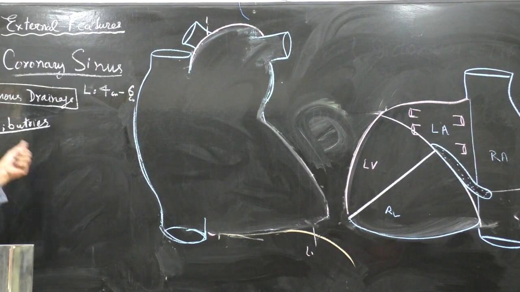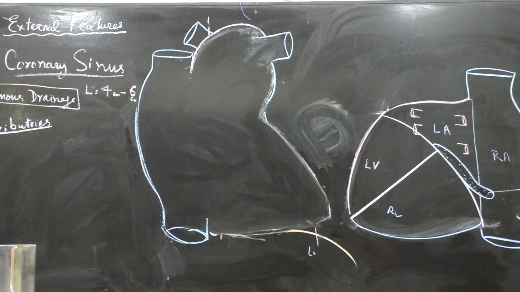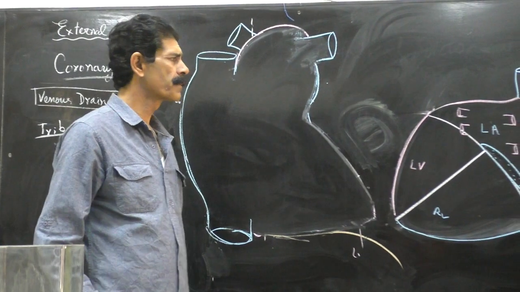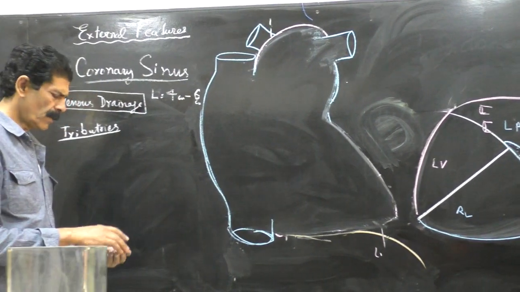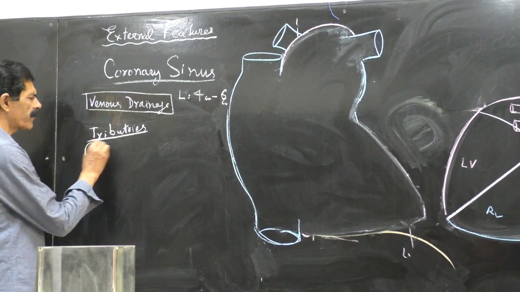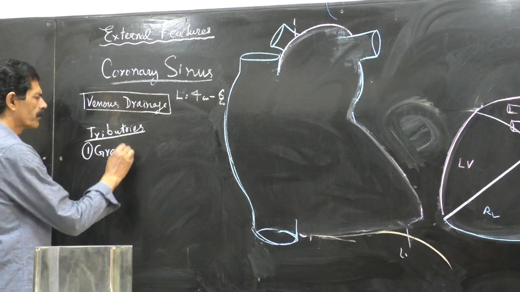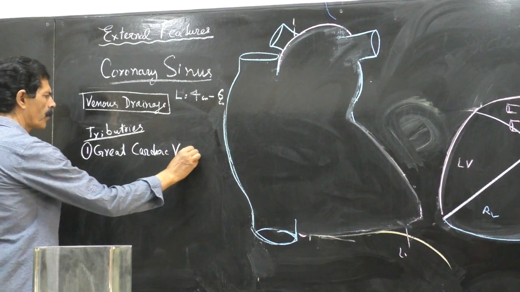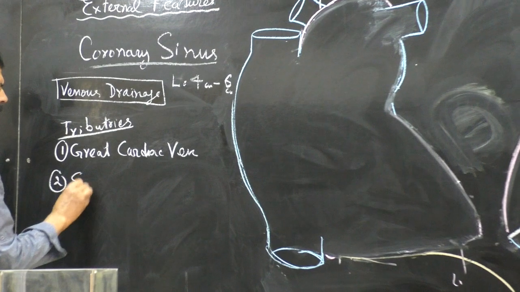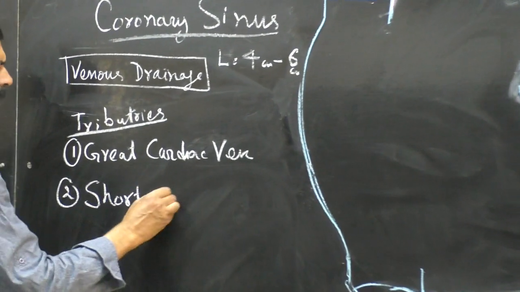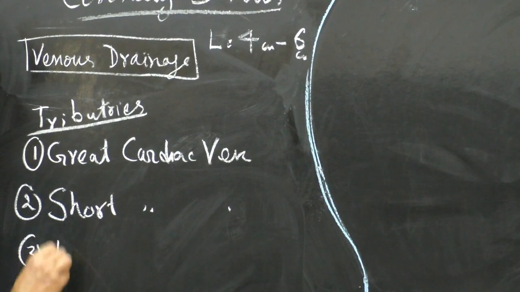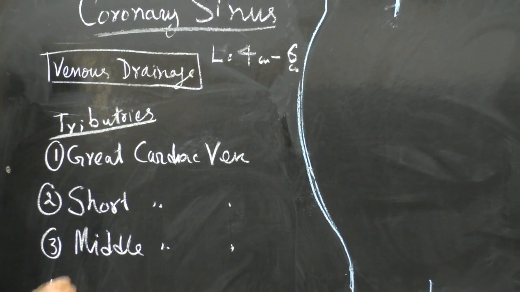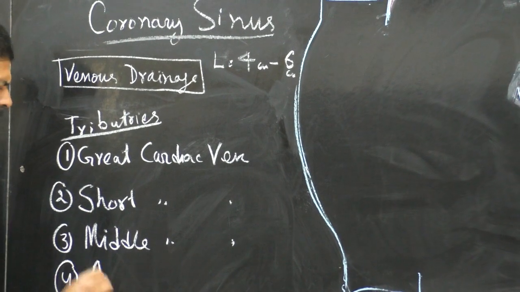Then come the tributaries, from where the blood is pooled into this 4 to 6 centimeter long coronary sinus. The main tributary is the great cardiac vein. Then there is the small cardiac vein. Then there is the middle cardiac vein. Sometimes there is an anterior vein.